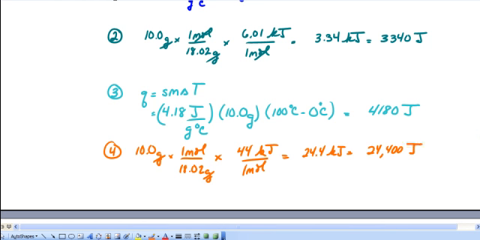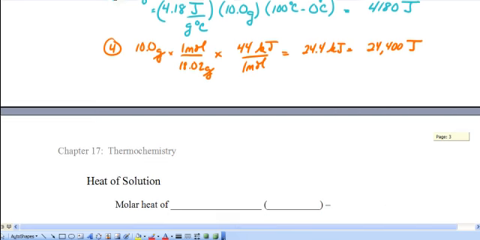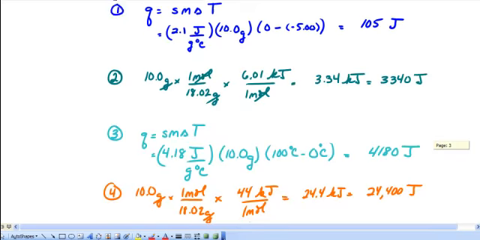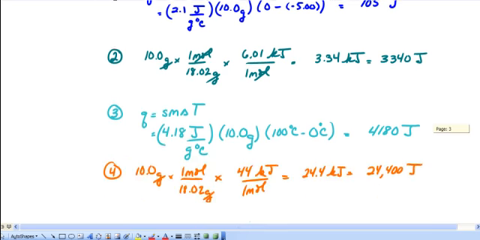And lastly, we do need to bring the temperature of the steam up. We have Q equals s m delta T. The specific heat for steam is going to be 1.7 joules per gram per degree Celsius.